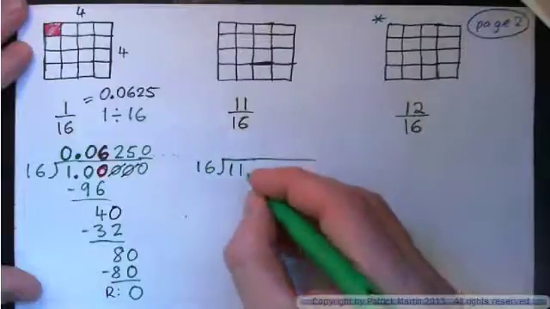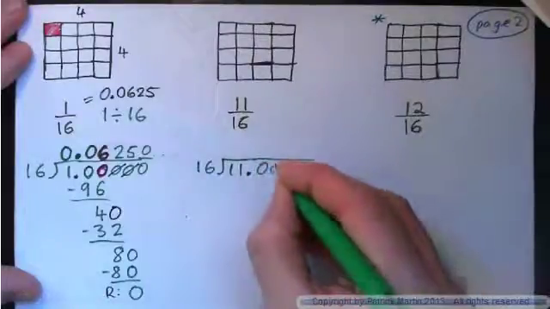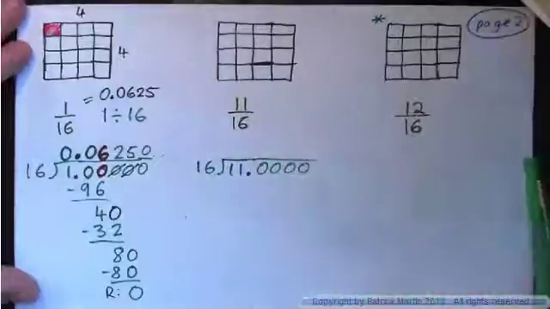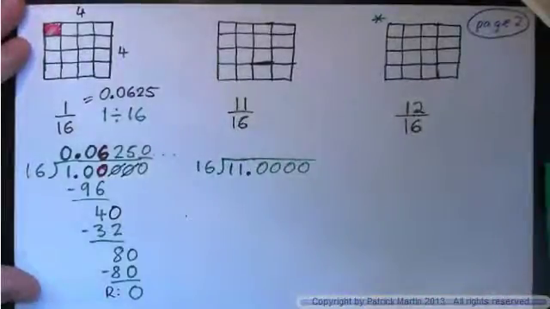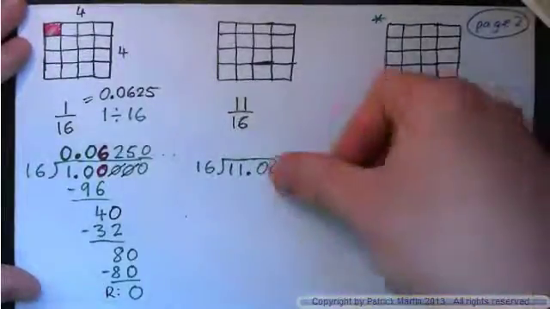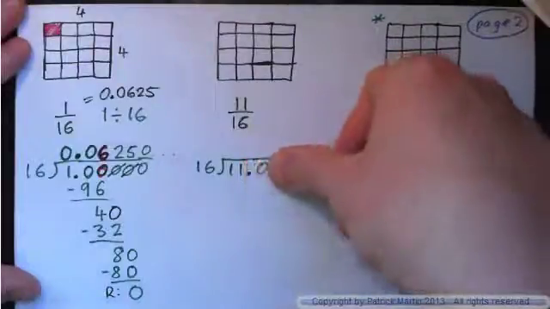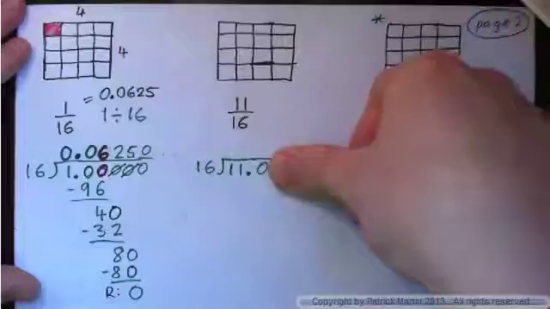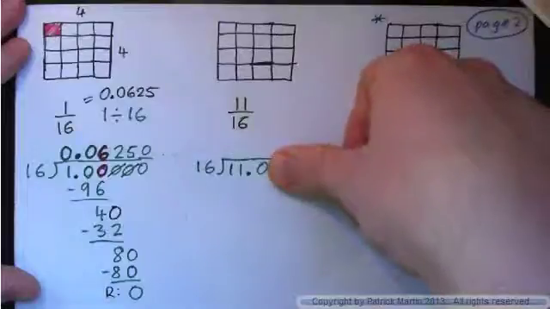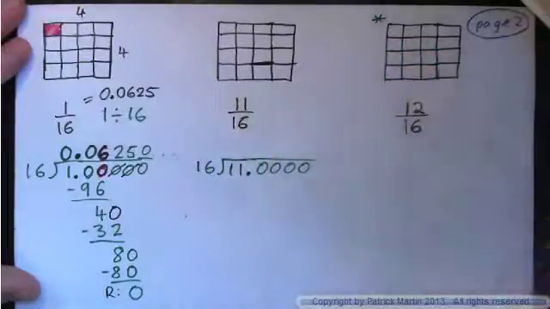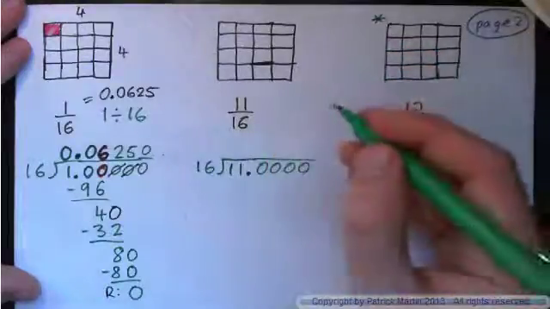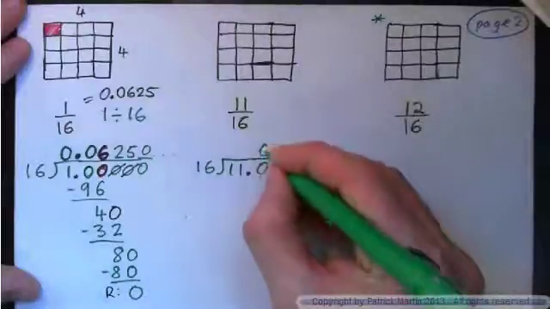Yeah, let's try it. 0.0000. So let's start. 16 into 11 won't go, but what about 16 into 110? I'm going to guess 6 times again.